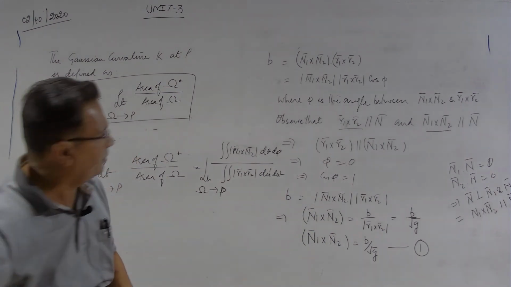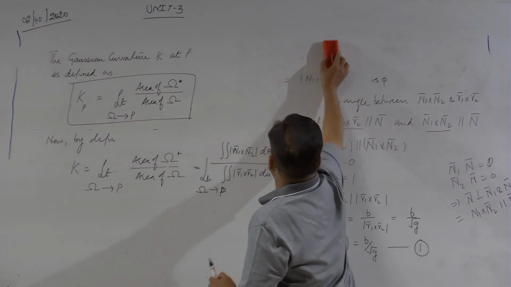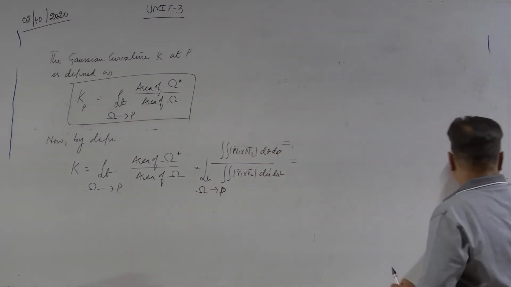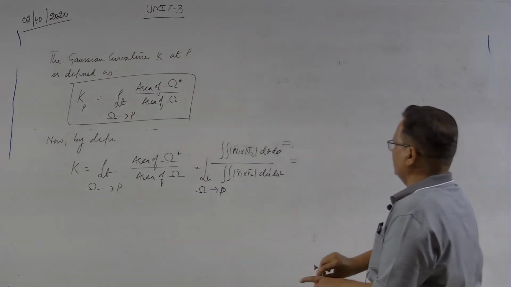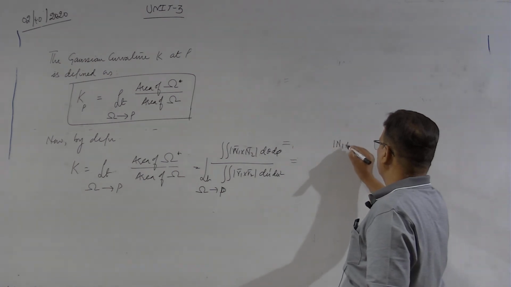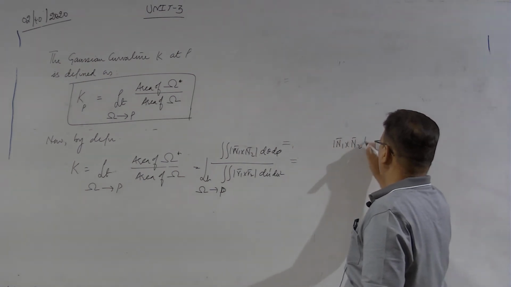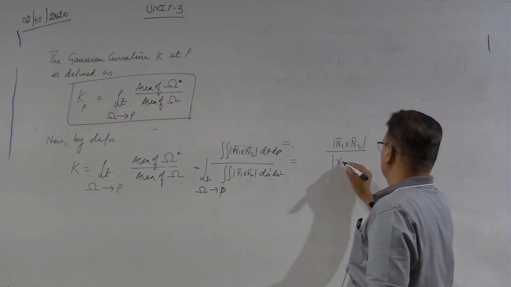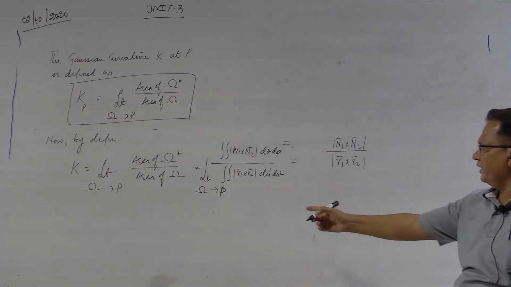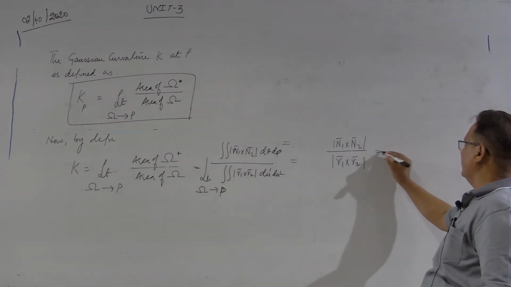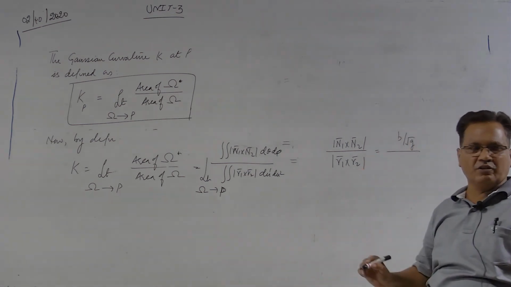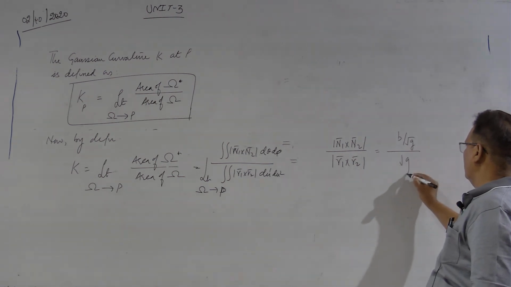So, this will be same as modulus of n1 cross n2, integral will go off, upon modulus of r1 cross r2. n1 cross n2 we had just computed, it was b upon under root g, and modulus of r1 cross r2 we already know it is also under root g.